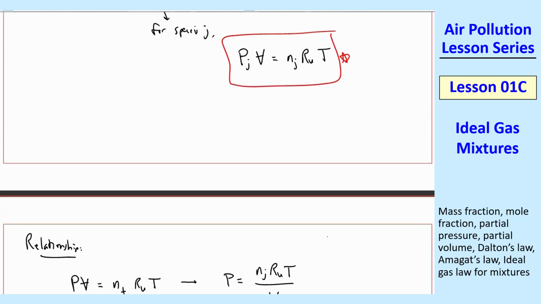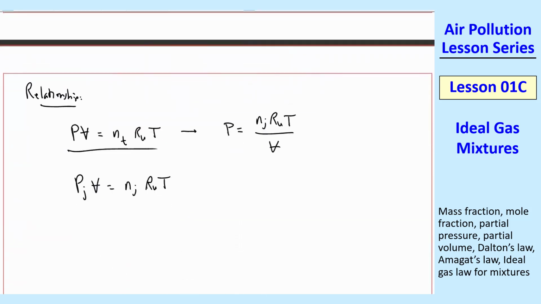That's the equation I just had up here. So I know the total ideal gas law and this ideal gas law just for that one species. I solve for PJ, same way, NJ RT, and I just noticed the mistake. This is NT. I don't know if I said that or just wrote it wrong, but that's NT RT. This one is NJ RT over V.